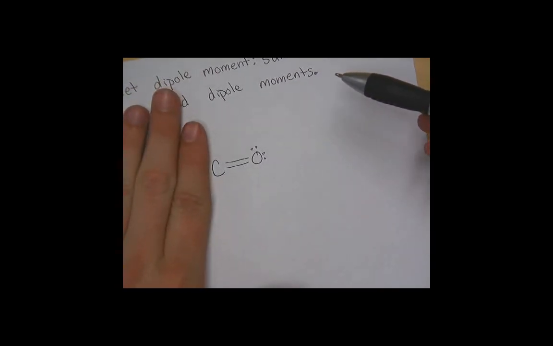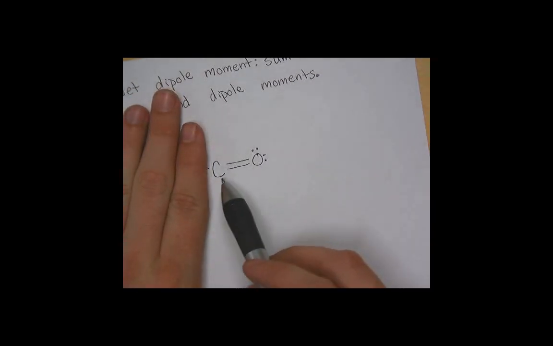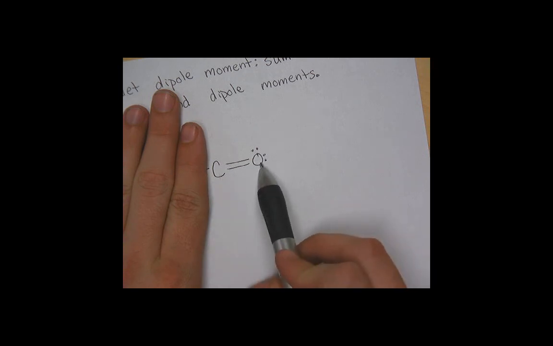So what I want to do is look at each one of the bonds for carbon dioxide, and ask myself if it is polar or not. So I'll cover up our second oxygen, and so we're just looking at this carbon and this oxygen. Is that a polar bond? And if so, which one gets the plus, and which direction should the arrow be pointed?